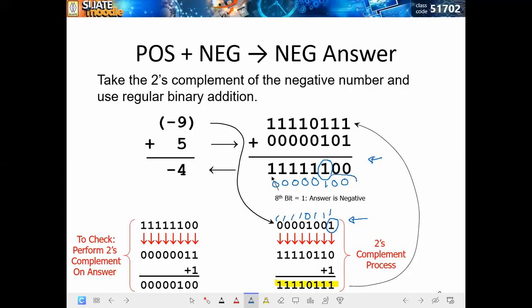Then you can convert this to the decimal value, and we get the answer 4. But from this we know this is a minus value, because the 8th bit is 1, so we got a minus value, then we are going to put the minus here.